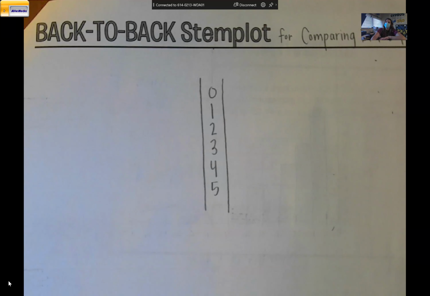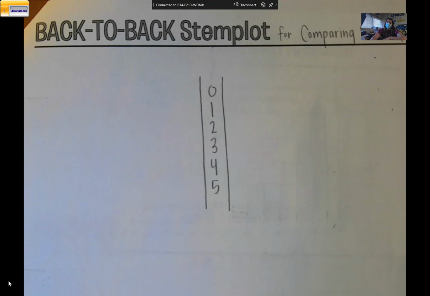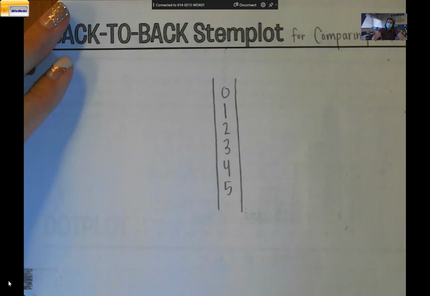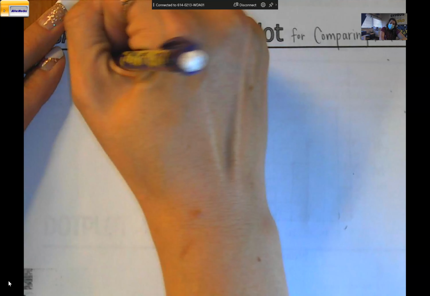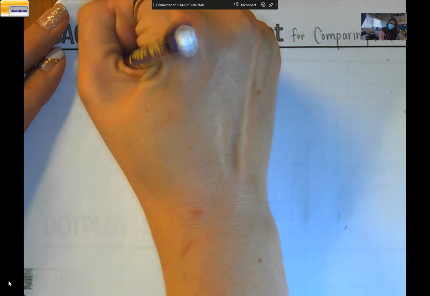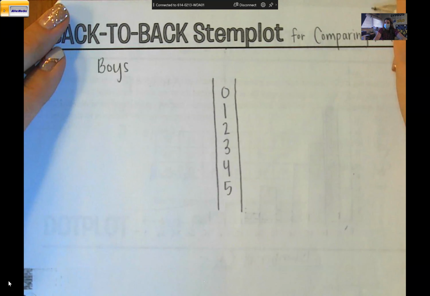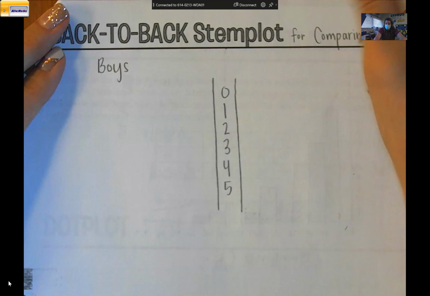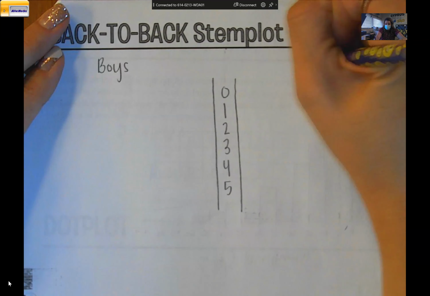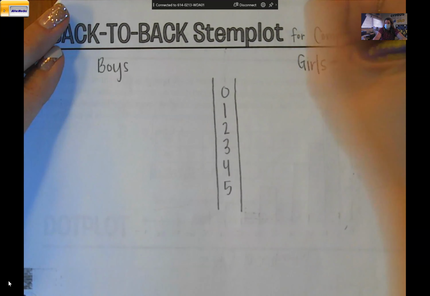And then we're going to split your data set for shoes into boys and girls. So on the left-hand side, I'm going to record how many shoes the boys had. And on the right-hand side, I'm going to record how many shoes the girls had.